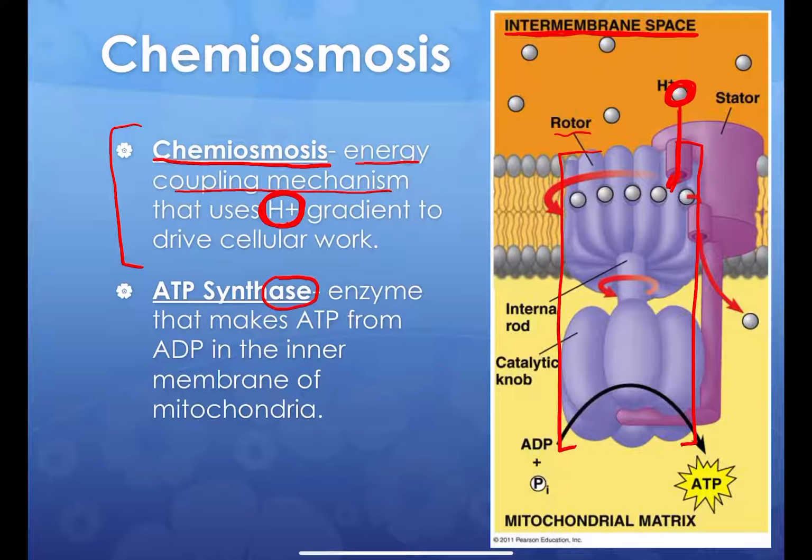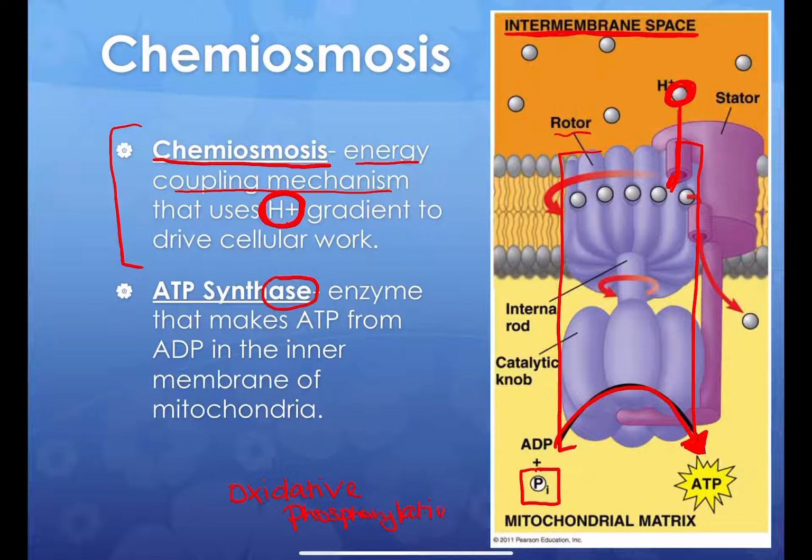As it does, it turns and causes the conversion of ADP to ATP. Now, you see right here this Pi. That's that inorganic phosphate. So we didn't steal it from a substrate. This is where we have that oxidative phosphorylation.